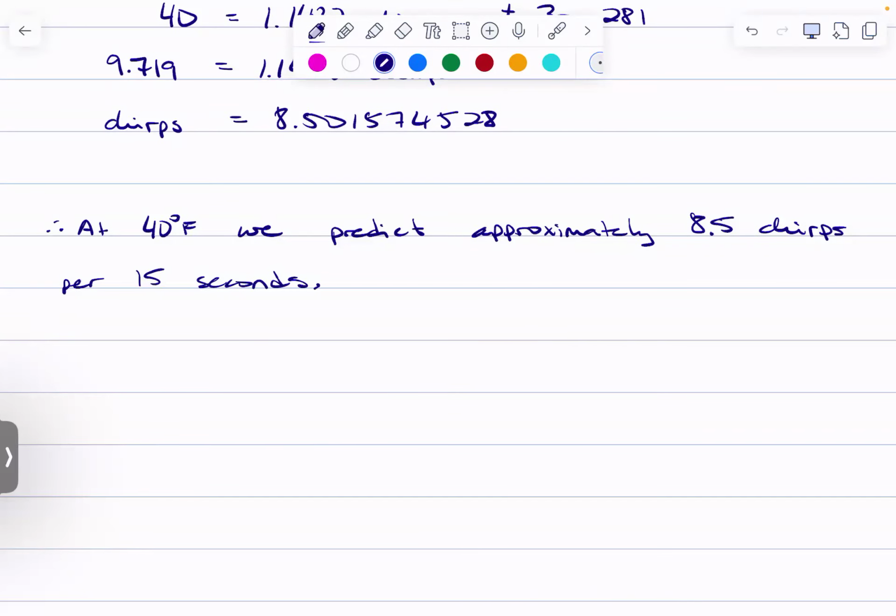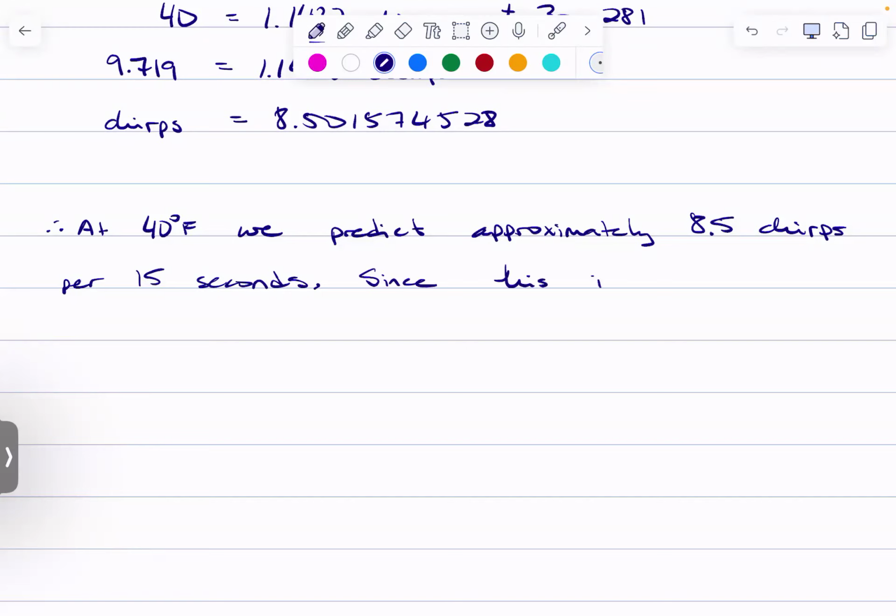That's a fact. But then I'm going to say, since this is an extrapolation, this prediction is unreliable, and I'm going to leave it there. And that's all I'm expecting of you.